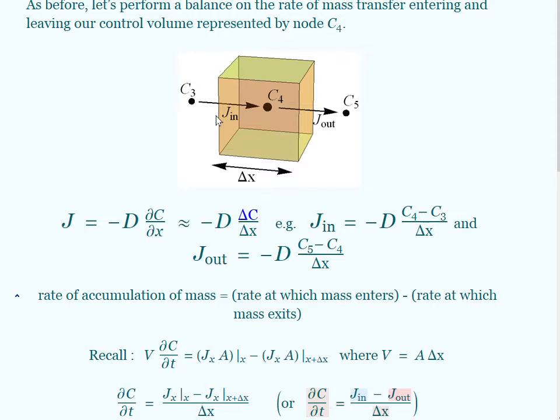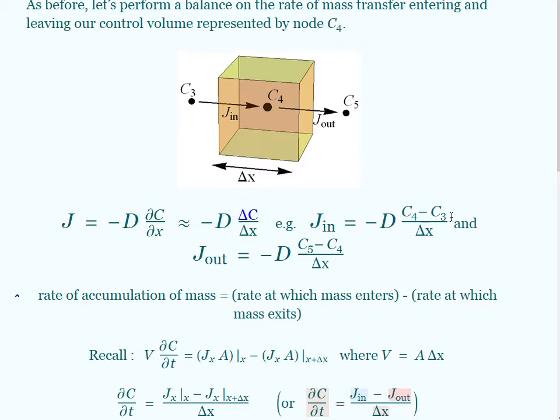So my J in flux is minus D times C4 minus C3 over delta x. Okay. The order of this is important. Remember that we're going to always point our x direction to the right, and so that's going to be considered positive to the right. And so when we do a delta, it's 4 minus 3, and then it would be 5 minus 4. Okay. That's the order in which you have to do the delta.